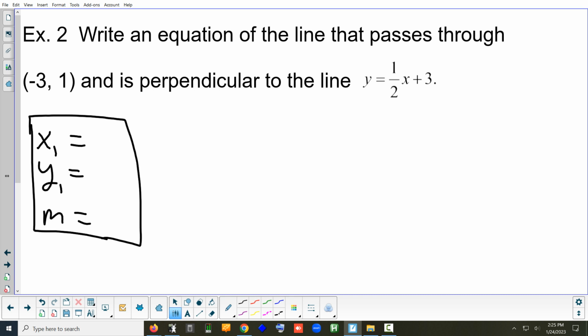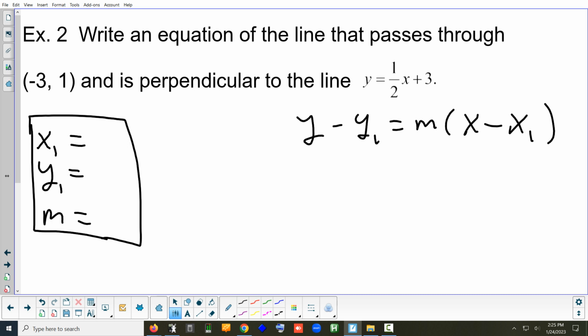Yeah. y minus y1 equals m times parentheses x minus x1. So that's what we need to fill in after we know these 3 numbers. So remember, the x1 and the y1 come from a coordinate they give you in the problem. And then let's worry about m after.